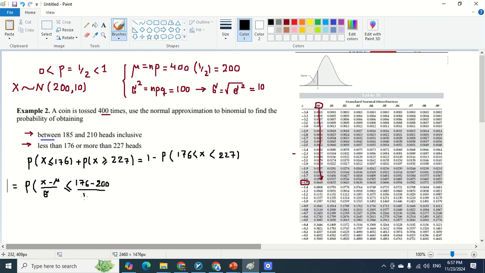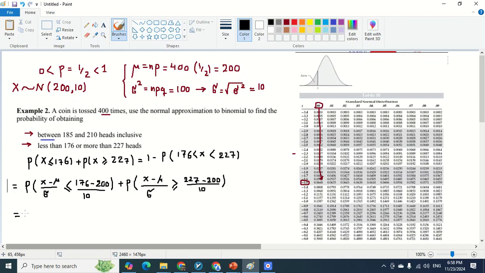We do that over here, and do the same thing for the second expression, plus the probability of, again we transform that random variable to the standard form by subtracting mu and dividing the expression by sigma, and do the same thing for the number at the right side, again 227 minus 200 over 10, and this leads us to the standard normal distribution.